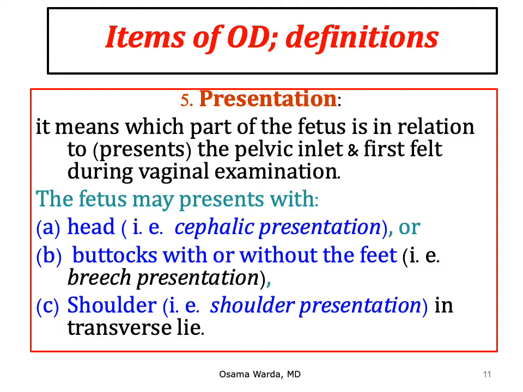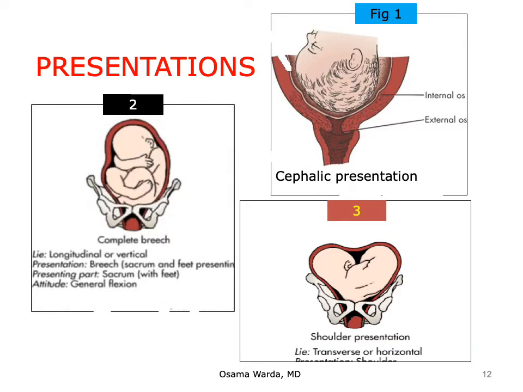And according to the flexion extension movement of the lower limb, it may be knee presentation, footling, single or double footling presentation in breech presentation. The shoulder presentation occurs when the lie is transverse and the denominator of the shoulder is the scapula. Okay? These figures represent the three types of presentation. In figure 1, this is cephalic presentation. Figure 2 is complete breech presentation, and 3 is shoulder presentation.